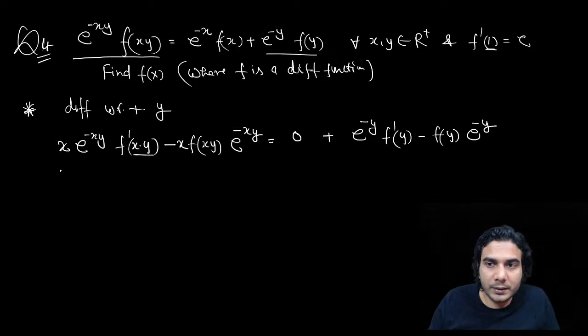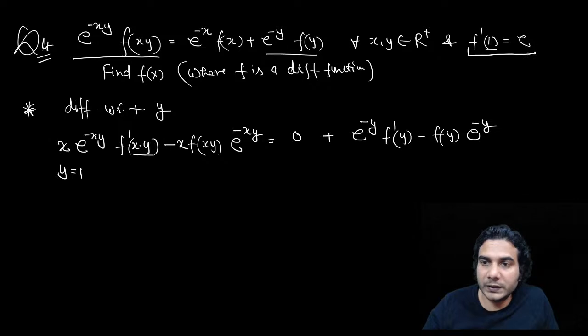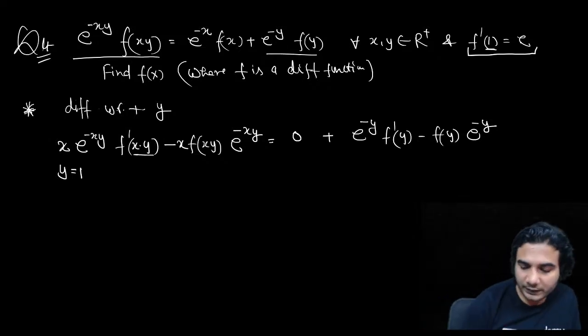Now we will put y is equal to 1, as this value is given, f dash of 1 is given, so we'll put y is equal to 1 in this case.